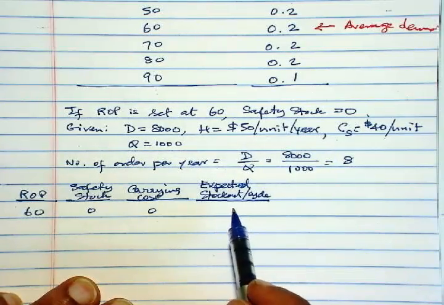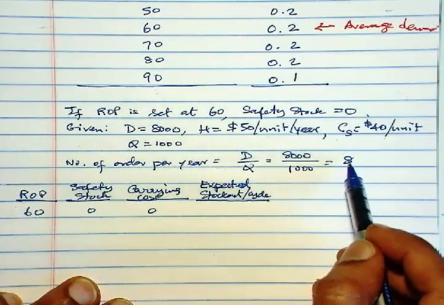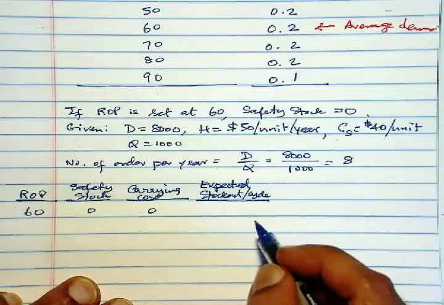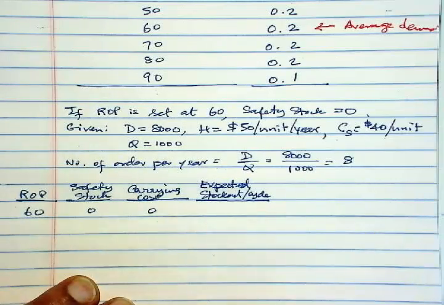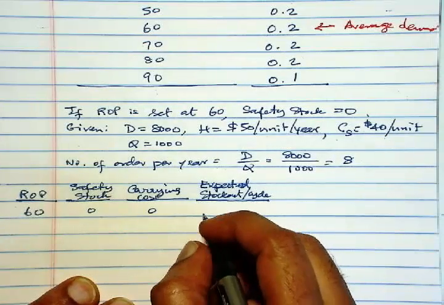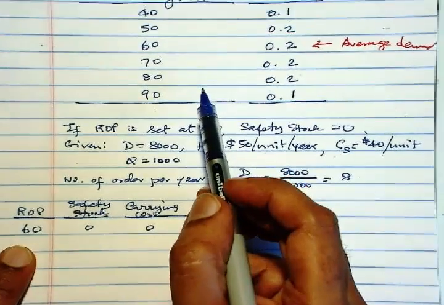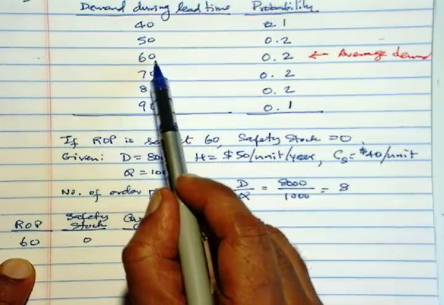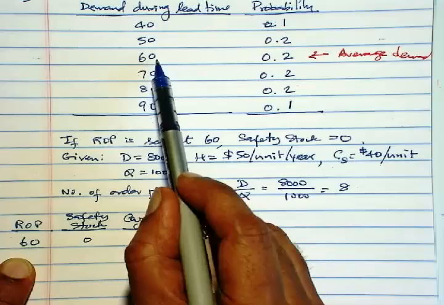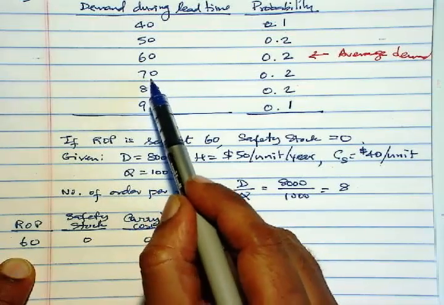Of course, we have to multiply that with 8 to figure out what will be the stock out for 1 year, and then multiply that with the stock out cost to find the total stock out cost. So here, let's go back to the probabilities. If the demand is 60, there will be no stock out. Okay? But if the demand is 70, 80, or 90, then we will have stock out.